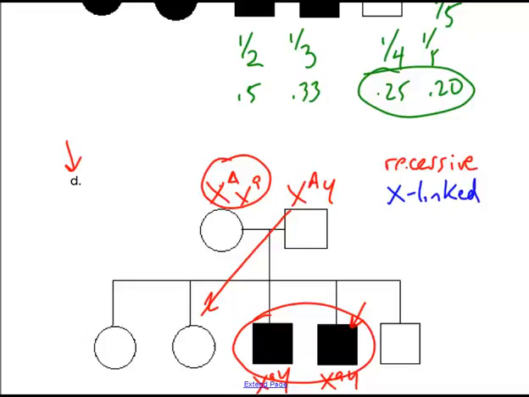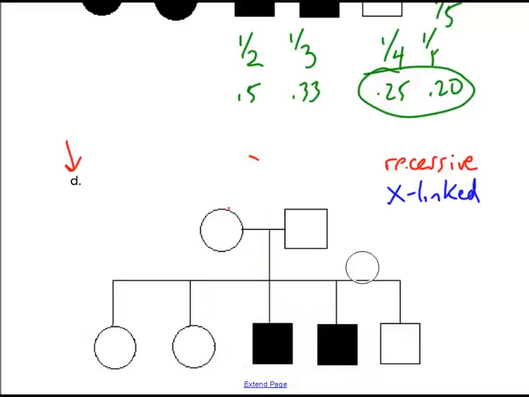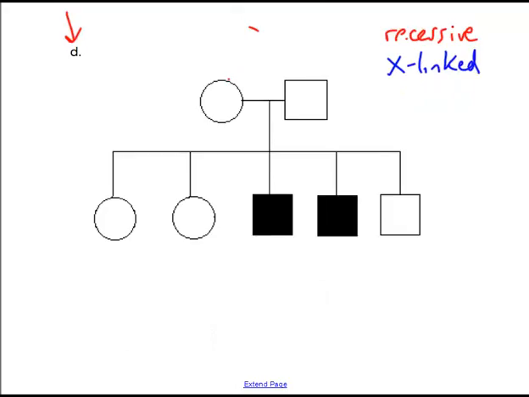What about the autosomal idea? If it's autosomal, these guys would be little a, and all it would mean is that the parents were carriers, right? Now, certainly, if this were the case, you'd expect that 1/4 of the offspring would be affected, and what we're seeing is that 2 out of 5, or 40% of the offspring are affected.